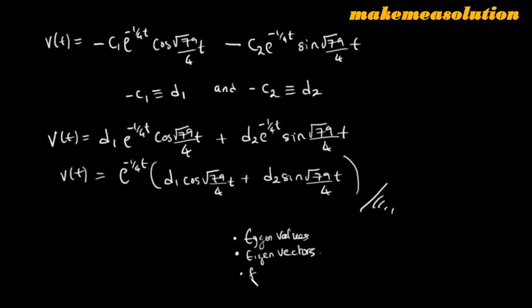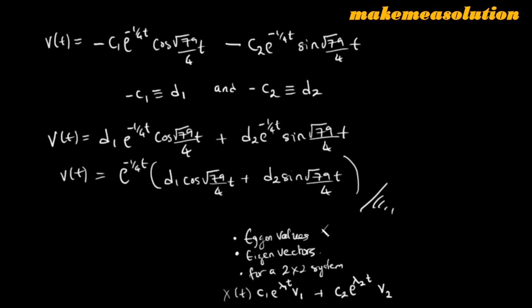Let's say for a 2 by 2 system, the solution of your system is going to be c1 exponential lambda 1 t, then your first eigenvector v1, then plus c2 exponential second eigenvalue t, then second eigenvector, which is your v2. So this is going to be the solution of your system.